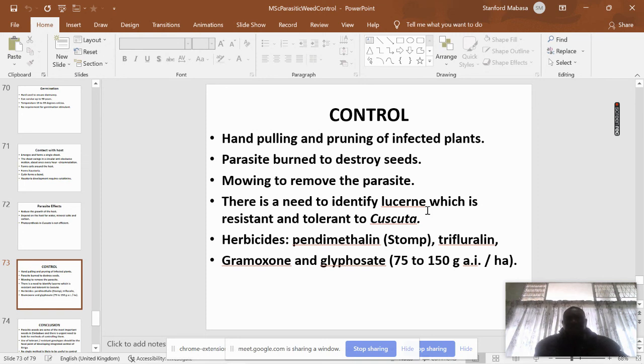Normally, 75 to 150 grams of active ingredient is recommended, but calibration of herbicides will be something else. And this could be a very risky operation.